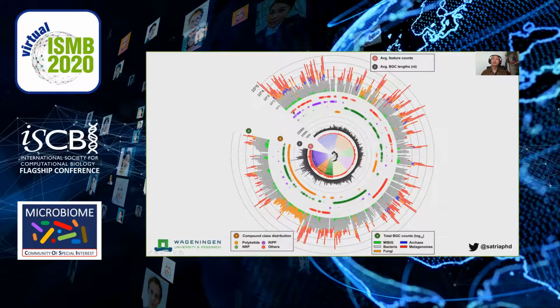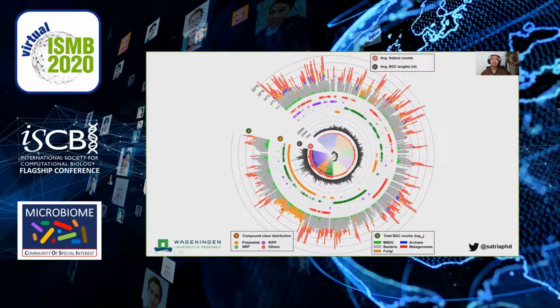And from here, you can see the map or pattern of the more generic compound classes like polyketides, NRPs, RiPPs, alkaloids, terpenes, etc. But you can also see the distribution of those unique BGCs or biosynthetic potentials across datasets and across taxonomy.